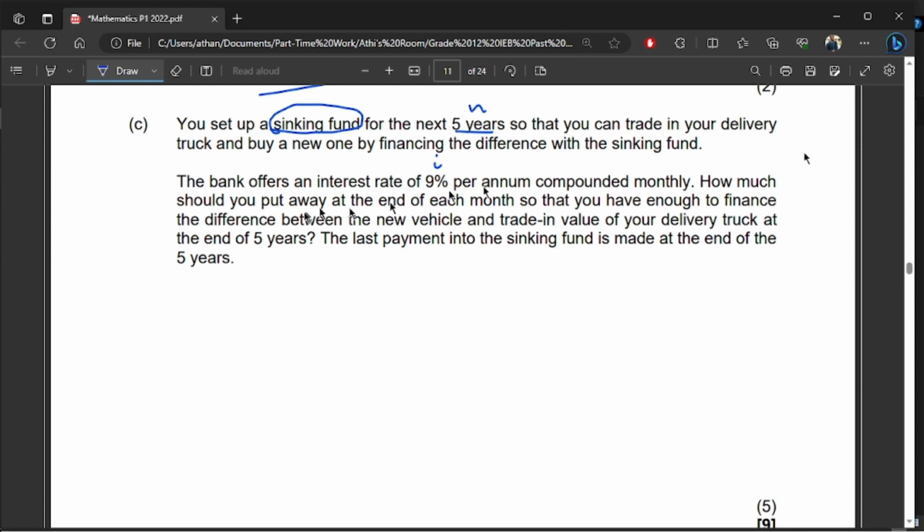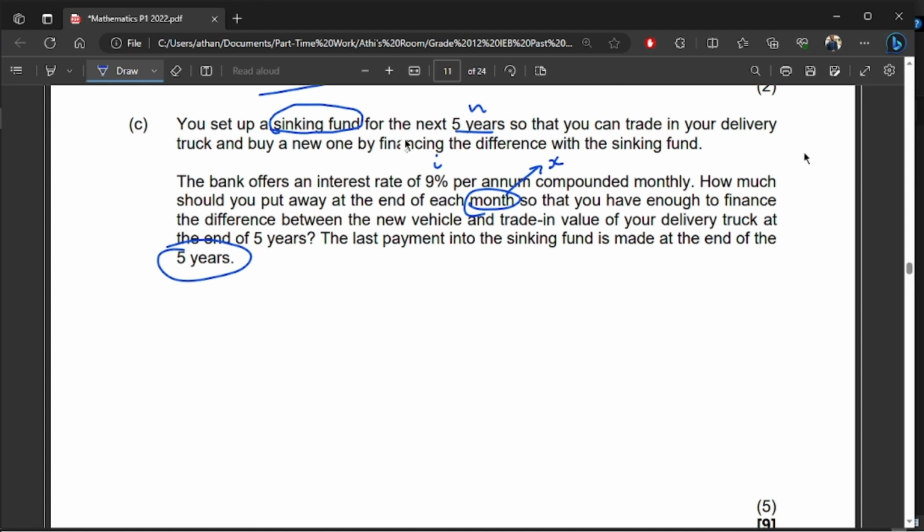How much should you put away at the end of each month? How much must you invest so that you have enough to finance the difference between the new vehicle and the trade-in value of your delivery truck at the end of 5 years? The last payment into the sinking fund is made at the end of 5 years, meaning at the end of the last month of the 5-year plan.